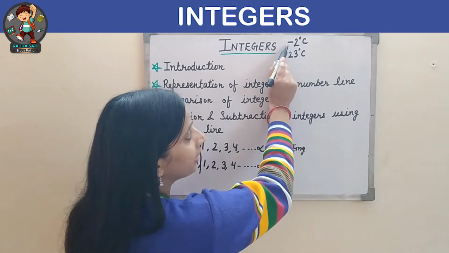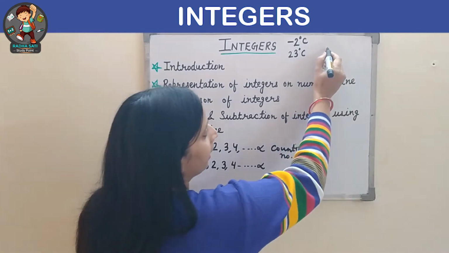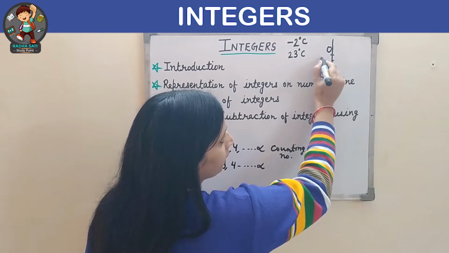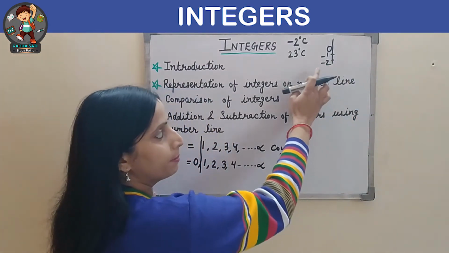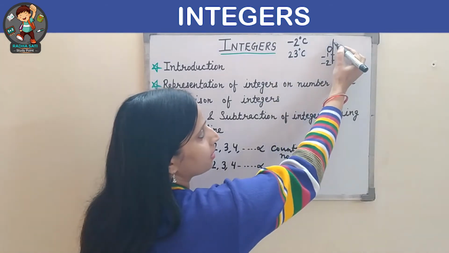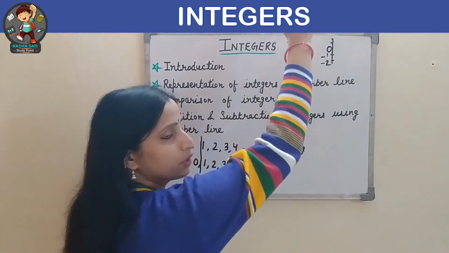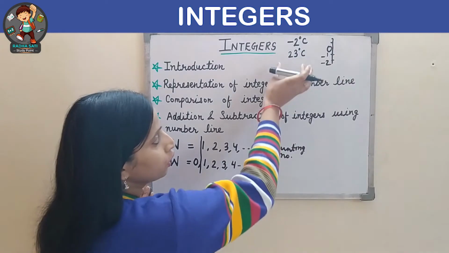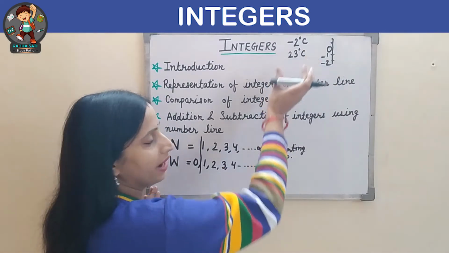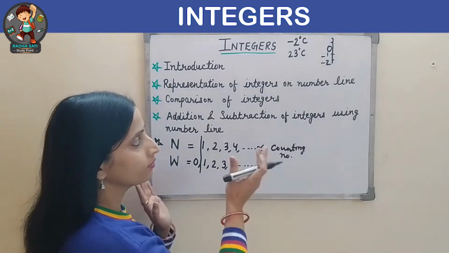That's why we use this negative sign here. So if this is 0, if the temperature goes below 0 degrees Celsius, we use the minus sign, and 23 degrees Celsius means that the temperature is above 0 degrees Celsius. So temperature can be represented by using negative and positive signs.